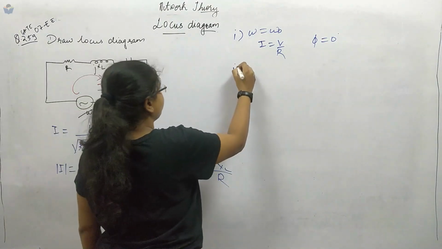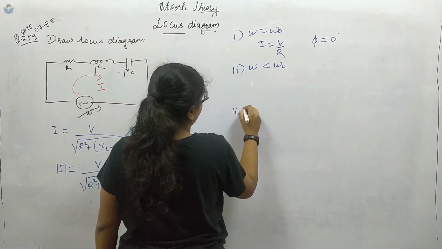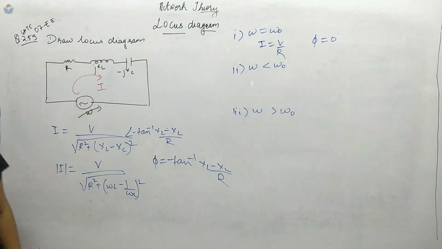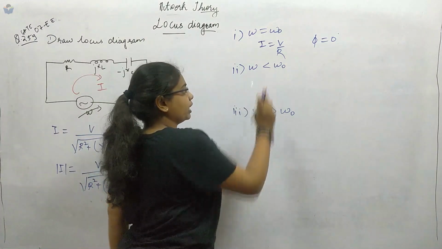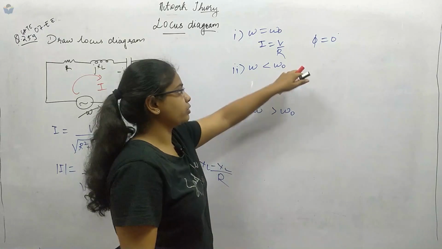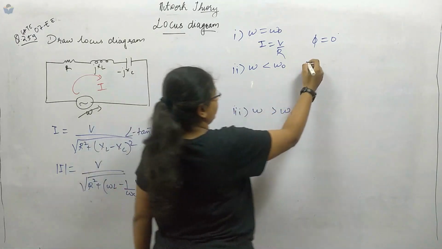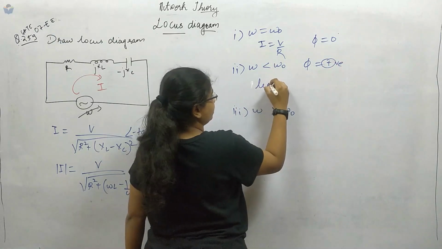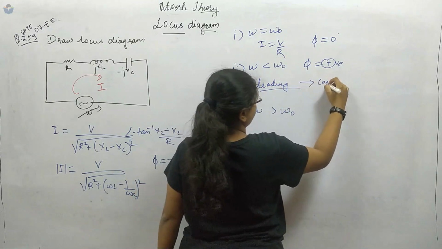Similarly, if we have omega less than omega naught, and omega greater than the resonant frequency, what will be our circuit parameters?